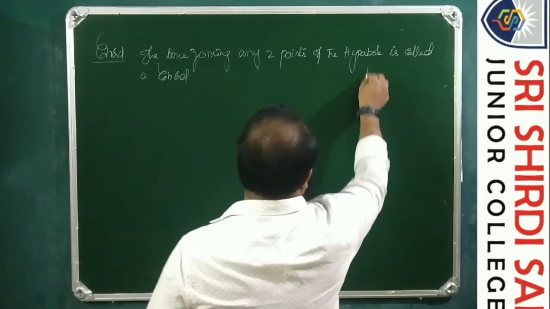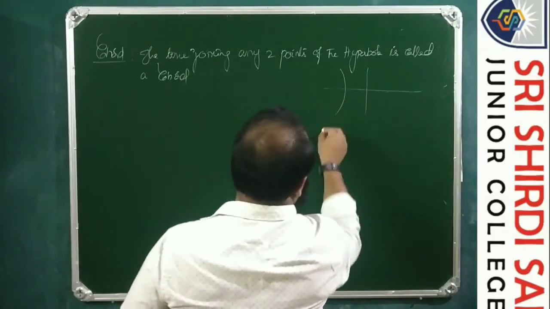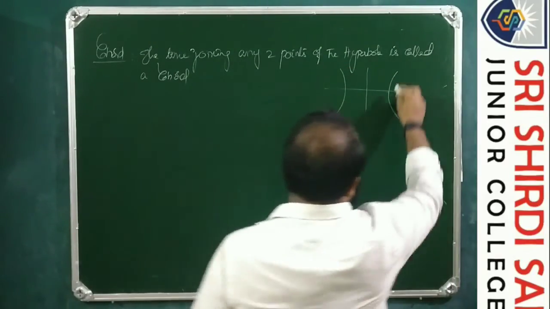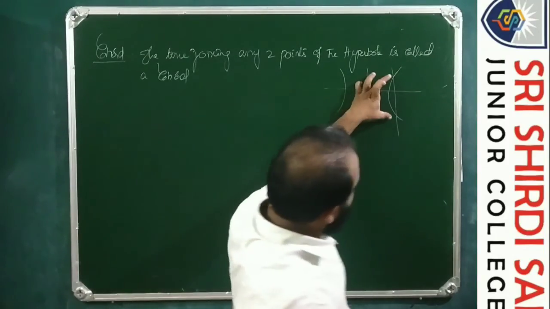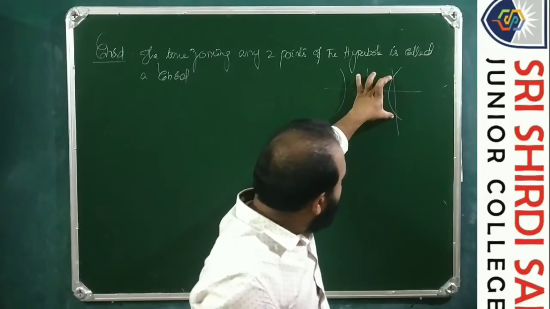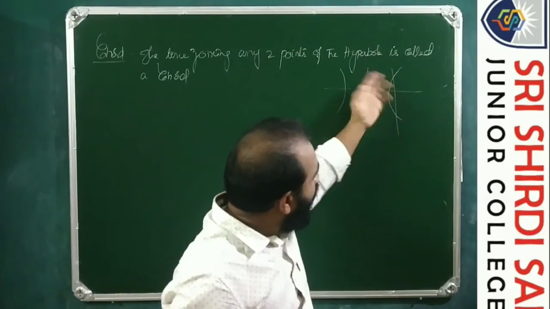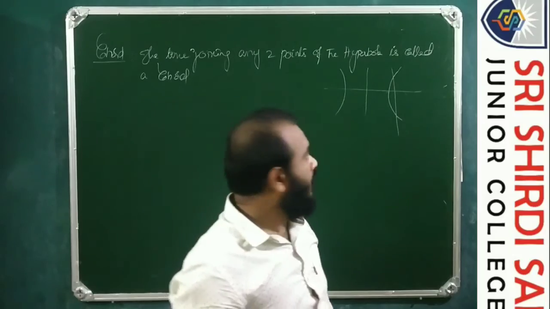So this is the hyperbola, and this is the chord. This chord is the line joining 2 points of this hyperbola.